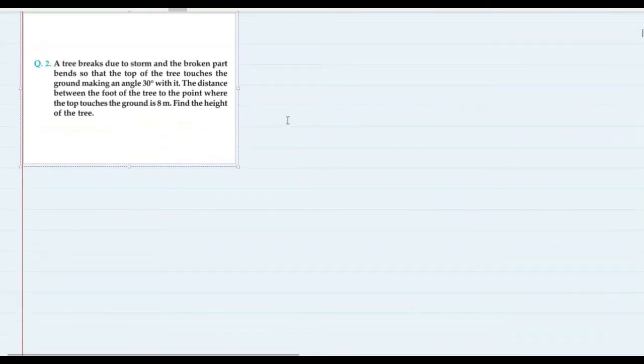A tree breaks due to storm and broken part bends so that the top of the tree touches the ground, making an angle of 30 degree with it. Achha, so there is a tree supposed to be like this.